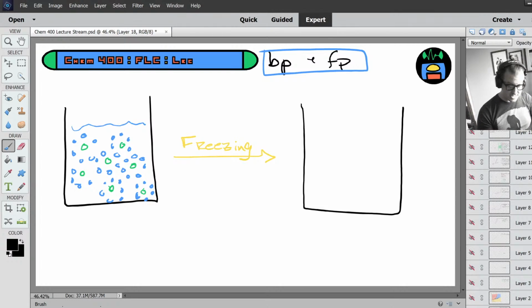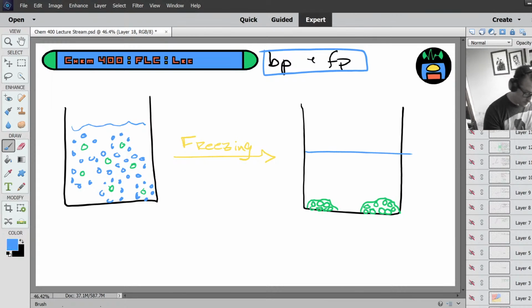The solute tends to clump together. So once you freeze, we've got solid ice or whatever we have, but then we tend to have these lumps of solid material. They kind of clump together and freeze out of solution.